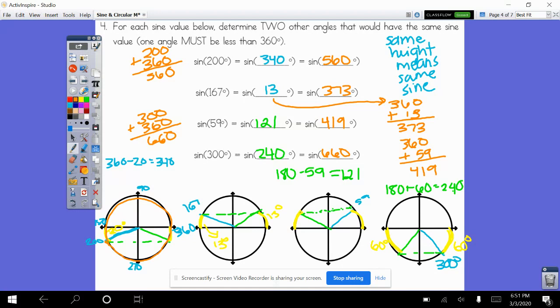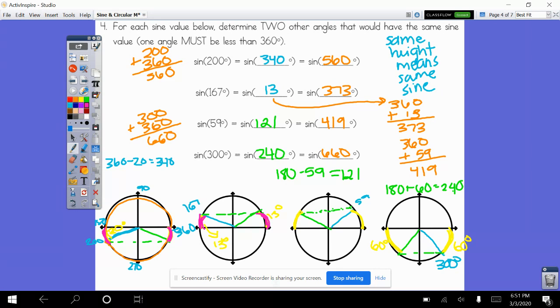And that's it. So as you can see, what we're doing every time is you find the angle that is given, draw the angle that you're looking for, and then you're always looking at how far the angle you have is from the midline. That's what you're always looking at.